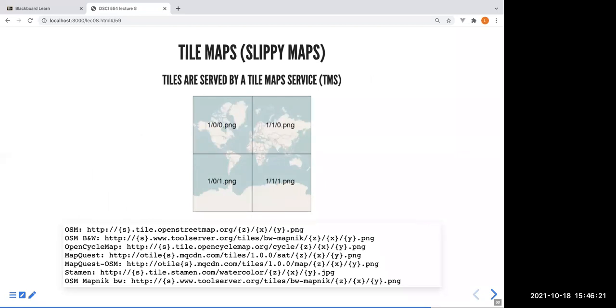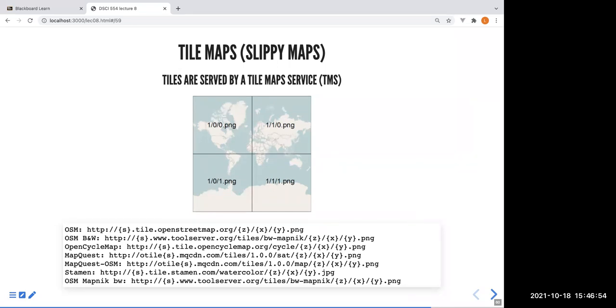Now the maps that you are familiar with, Google and others, they all basically work more or less the same. They work by serving local data based on the area that you're interested in looking at. And so the way this is achieved is by having a server that is going to provide you those data on request.